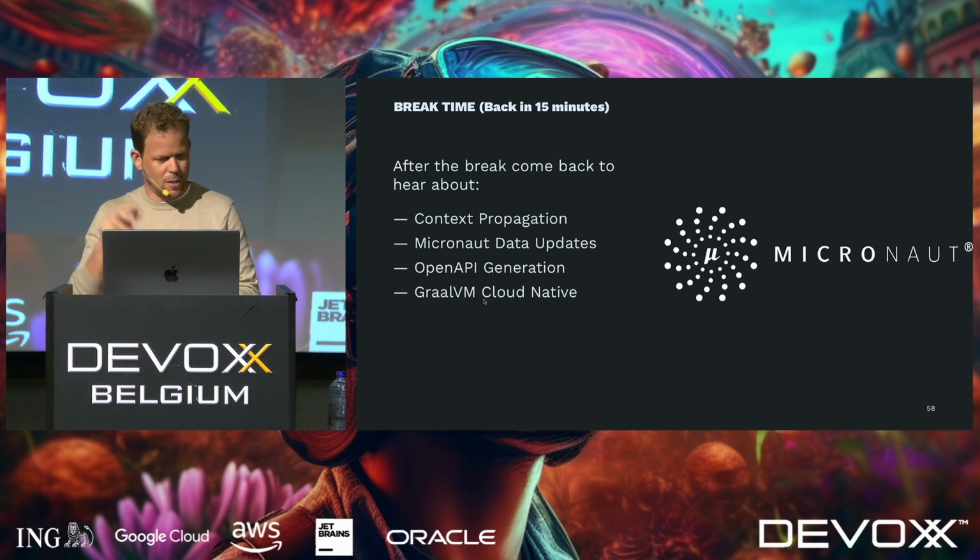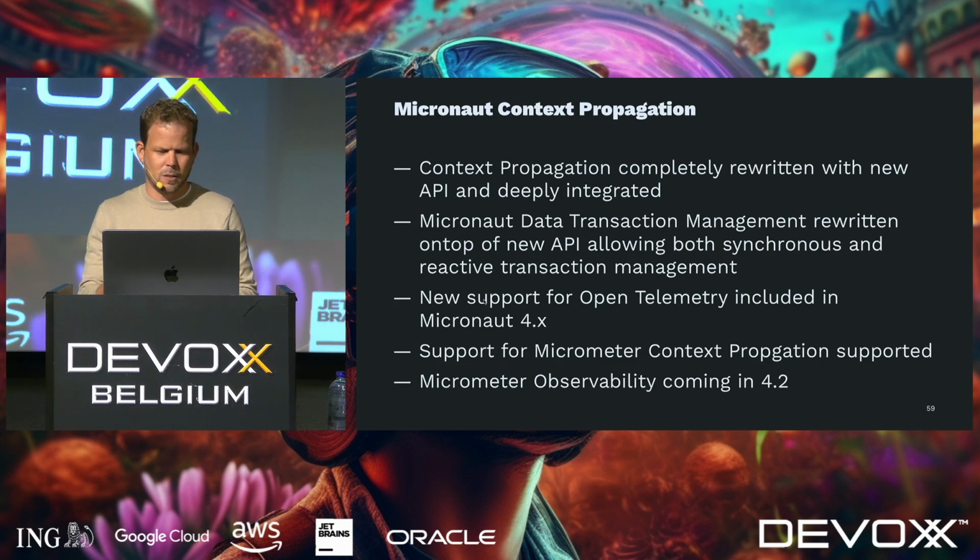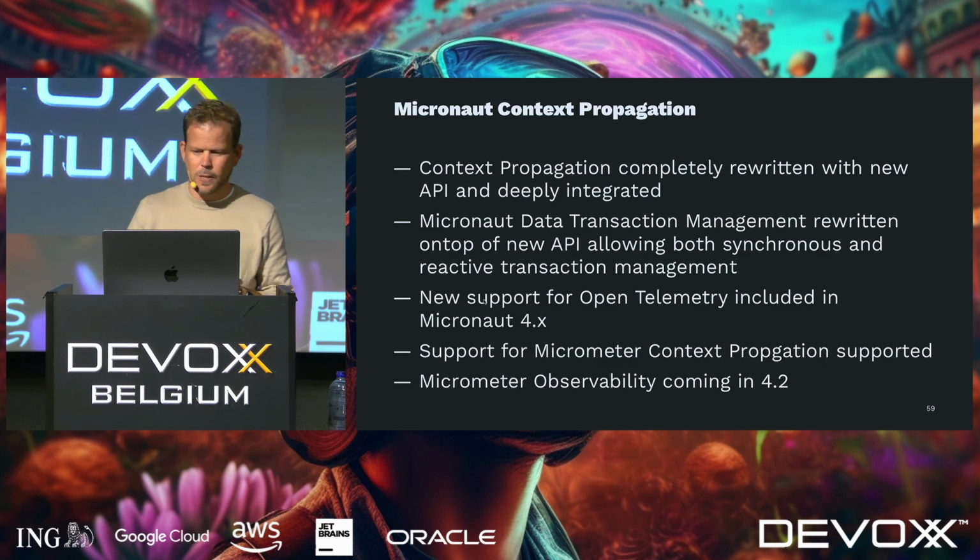So let's carry on going through all the details. In the next section, we're going to look at context propagation. I think context propagation is probably one of the most challenging problems for a framework, especially Micronaut.